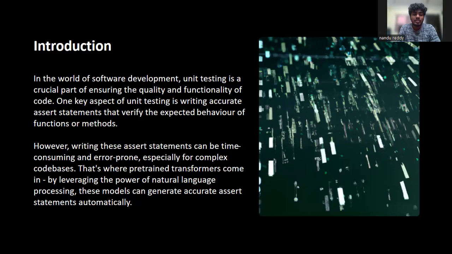However, writing these assert statements can be time consuming and error prone, especially for complex code bases. That's where pretrained transformers come in. By leveraging the power of natural language processing, this model can generate accurate assert statements automatically.